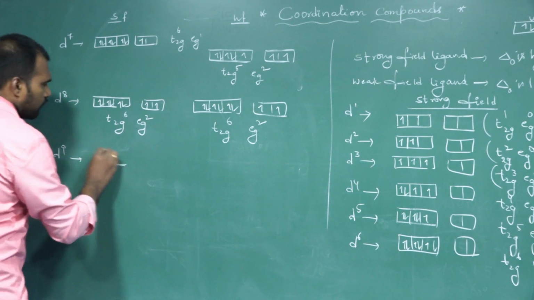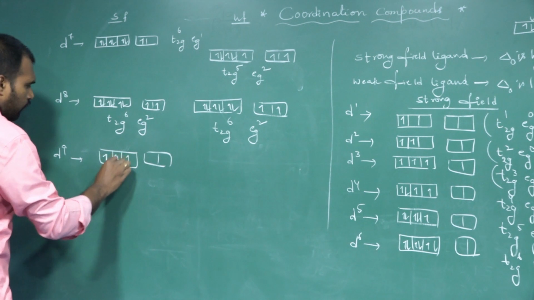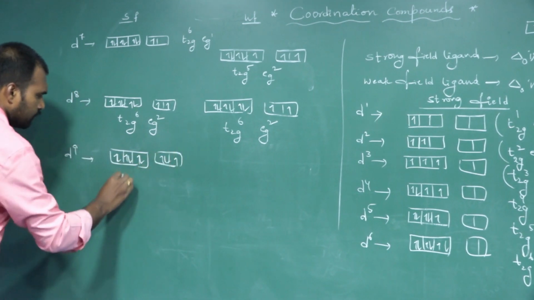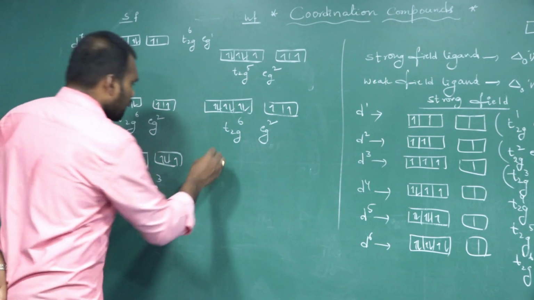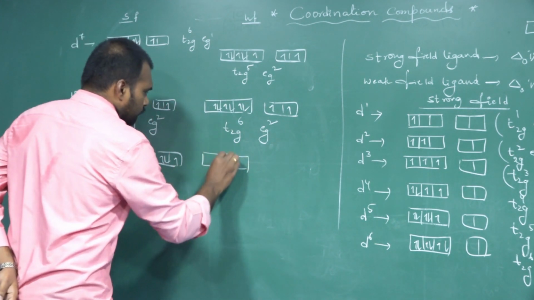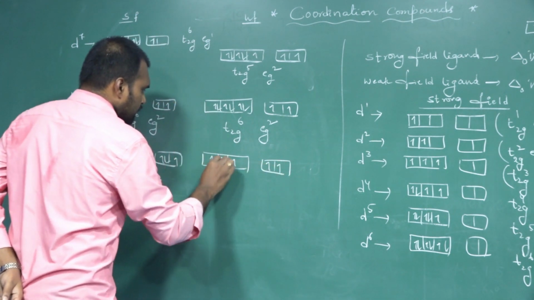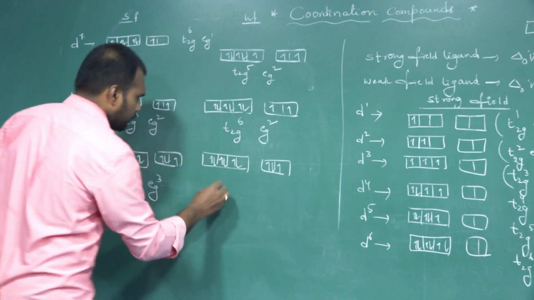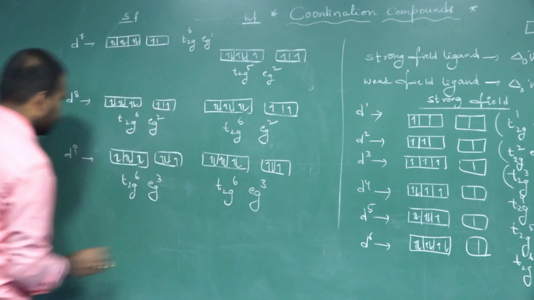The d9 configuration, 1, 2, 3, 4, 5, 6, 7, 8, 9. That is t2g6, eg3. In weak field ligands, 1, 2, 3, 4, 5, 6, 7, 8, 9. That is t2g6, eg3.